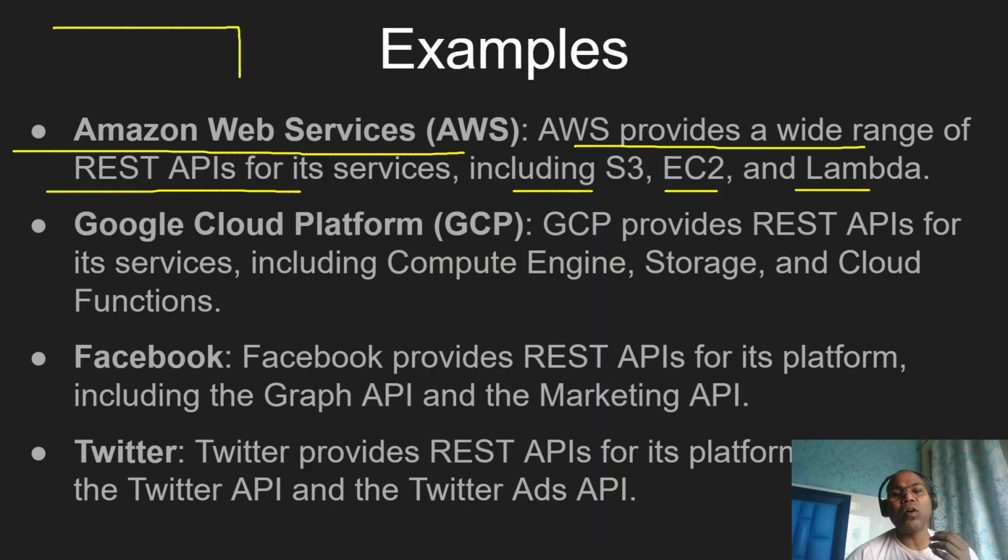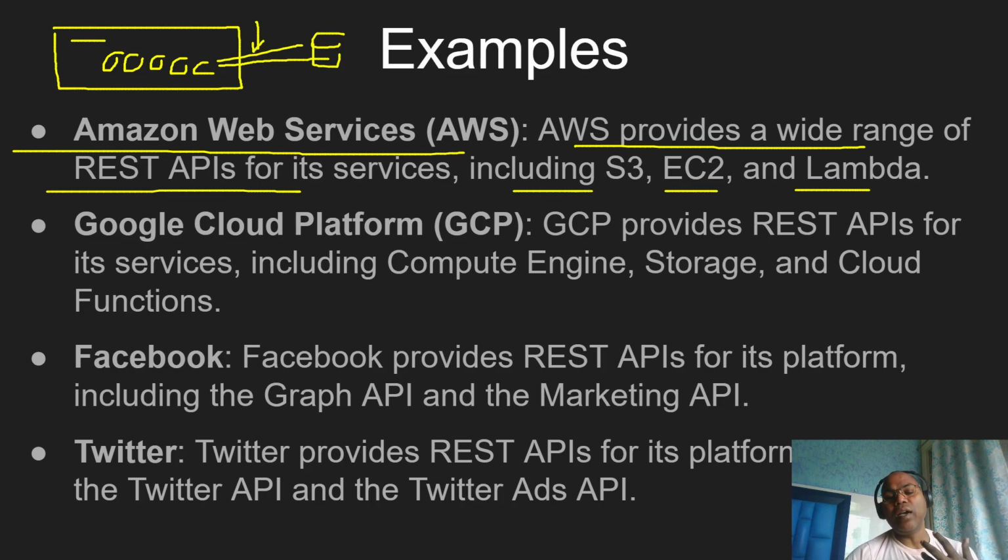Because you log in to AWS on the browser, and after that in the browser you work with storage, dynamic instances, machines, Lambda functions, servers. You are making requests through the browser; the browser calls the backend services, the backend responds and fulfills your request. That happens internally. AWS uses REST APIs.